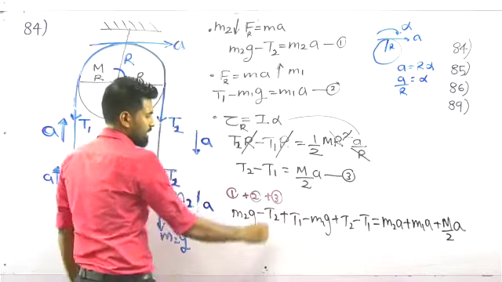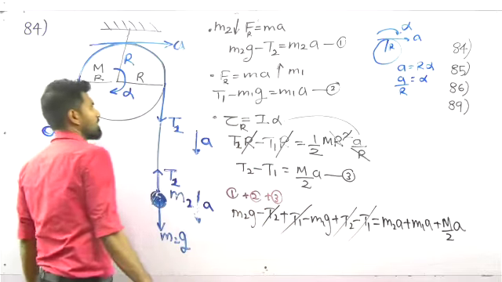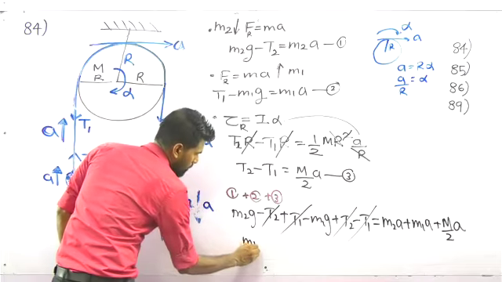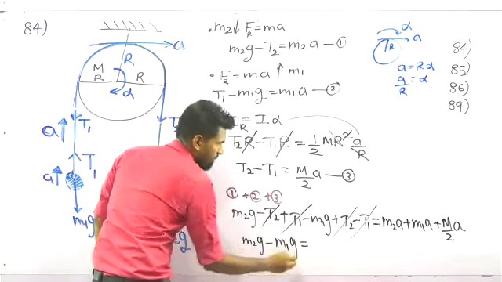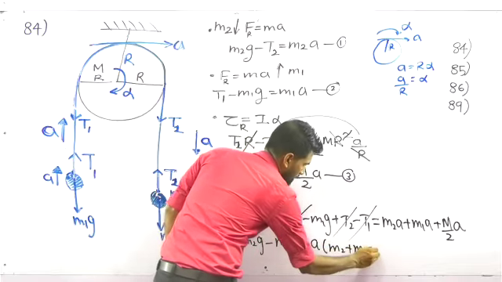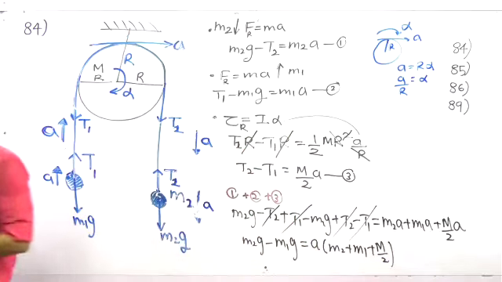Then what will happen? The tensions cancel out. So M2g minus M1g equals a times M2 plus M1 plus capital M over 2. From there you can find the value a.